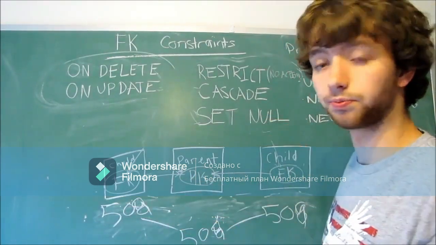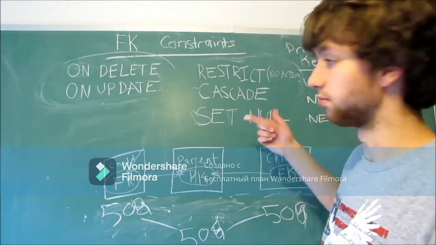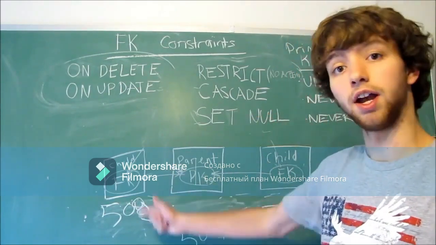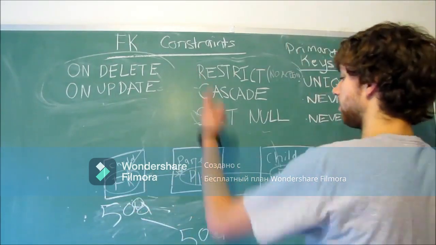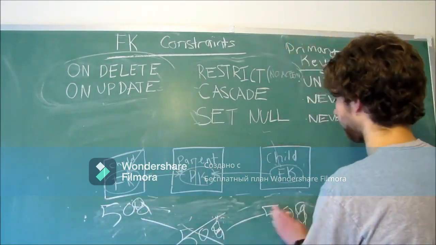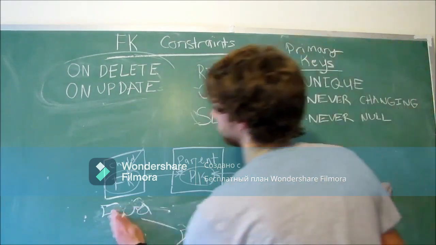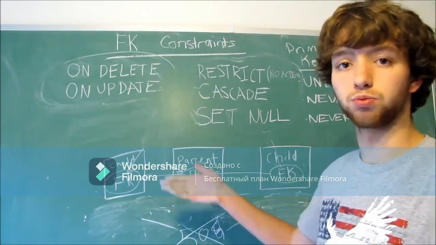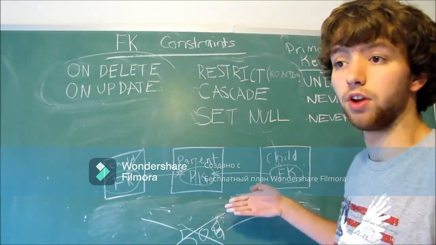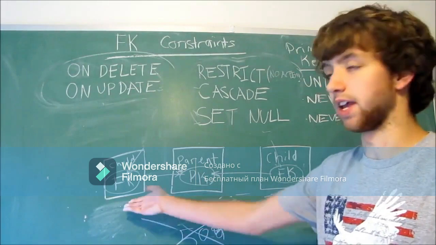Finally, we have set null. What that'll do is basically set the children as null for that specific value. So if we deleted the parent, this is just going to get rid of the value. The row should still exist, but the actual foreign key reference no longer references anything. It's empty.